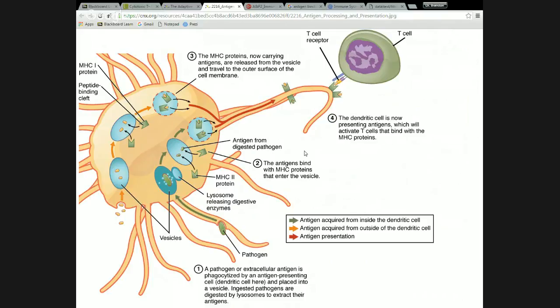It's showing exogenous presentation in the sense of a pathogen being ingested by the cell, digested by the lysosome, and then MHC class 2 is introduced and it binds to that antigen, which is then going to be on the surface of the cell.